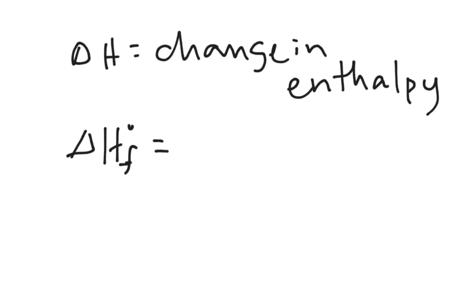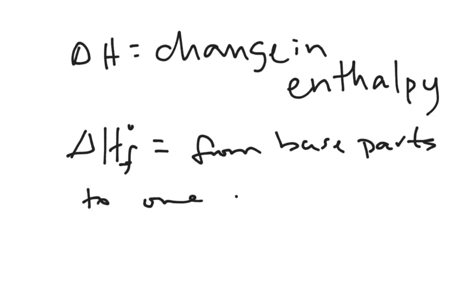What that means is that we are going from base parts to 1 mole. If I have NH3, ammonia gas, it should always be in its standard state, whether that's solid, liquid, or gas. Ammonia's standard state happens to be a gas, but its individual parts are the nitrogen and the hydrogen.